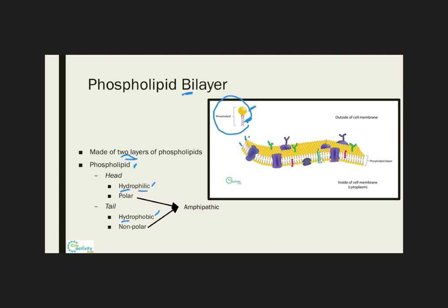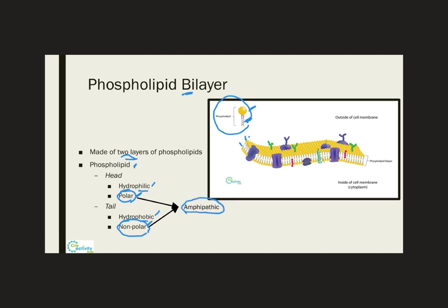And philic means affinity. And phobic means aversion to something. In other words, the head has affinity or likes water, and the tail has aversion or dislikes water. Therefore, we can also say that the head is polar and the tail is nonpolar.